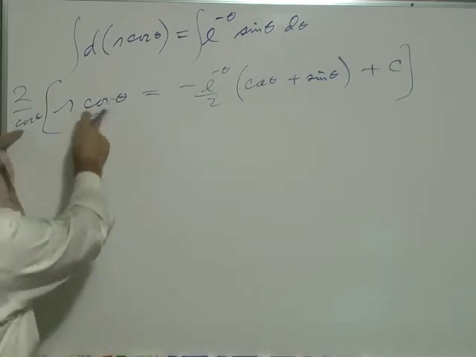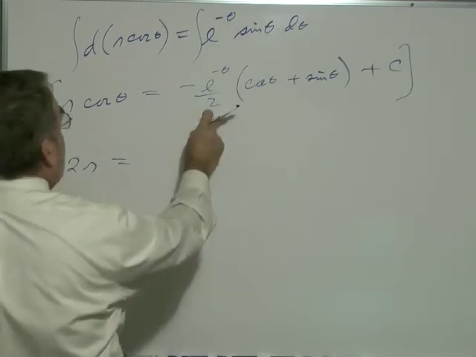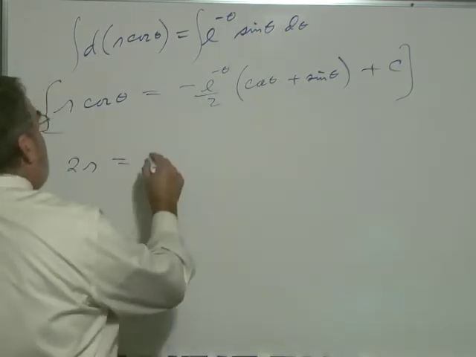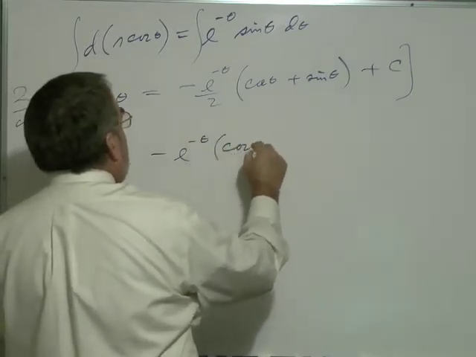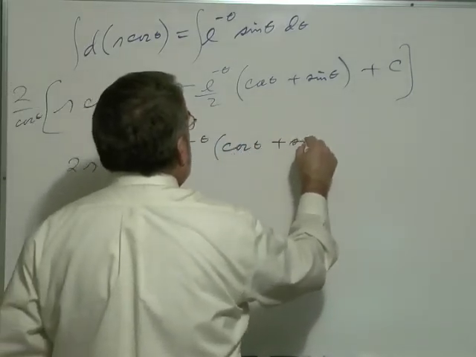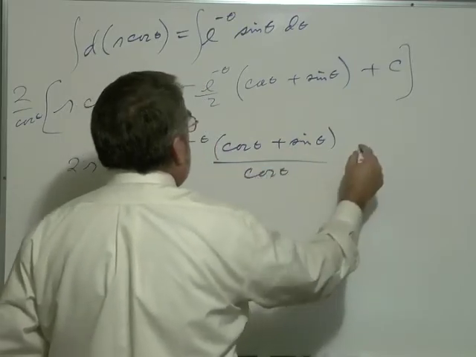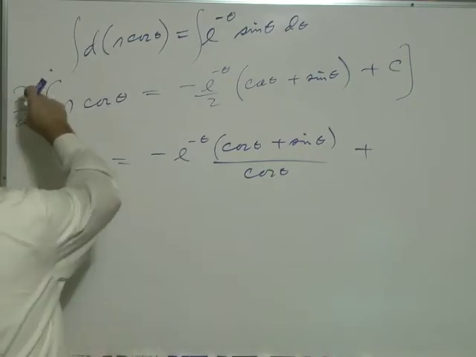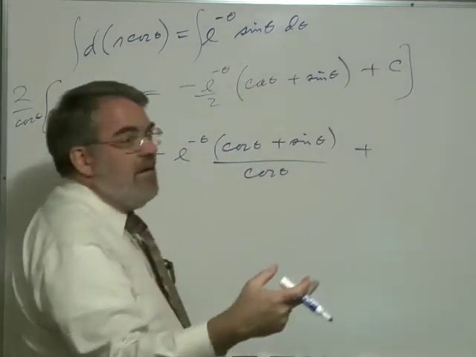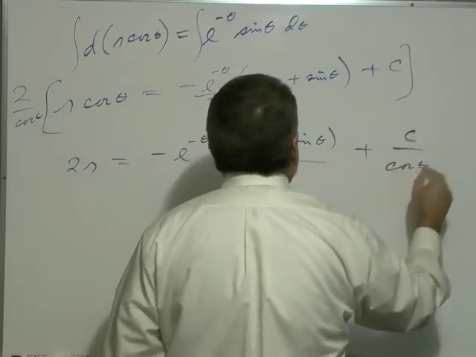So over here, the cosine cancels. I have 2r equals, the 2 cancels this fraction. So that's minus e to the negative theta, parentheses, cosine theta plus sine theta, divided by cosine theta, plus, now if I multiply 2 times a constant, I still have a constant. So I have constant over cosine theta.